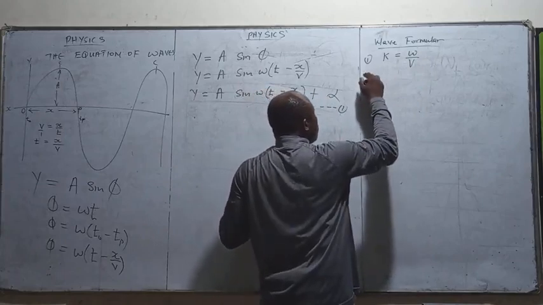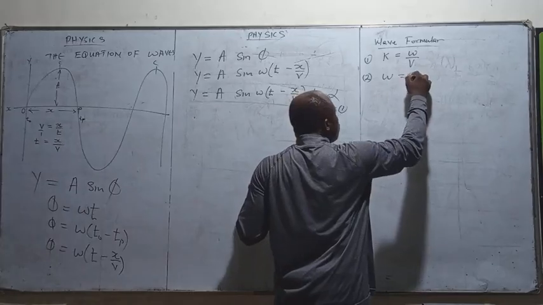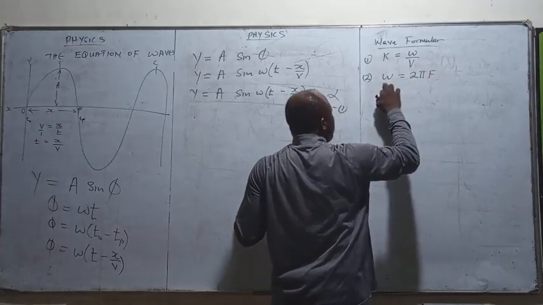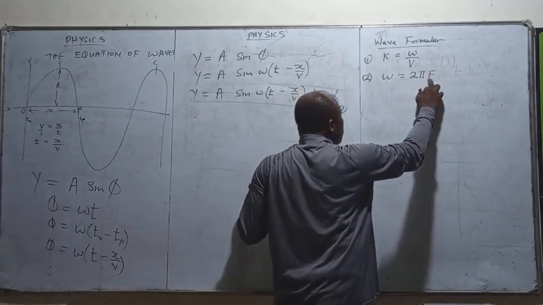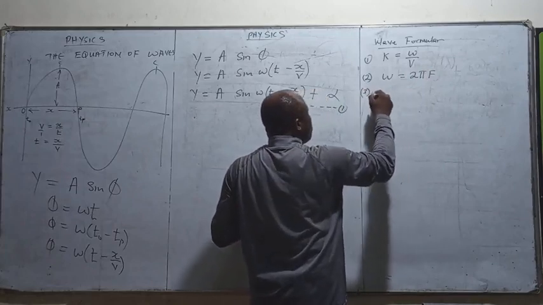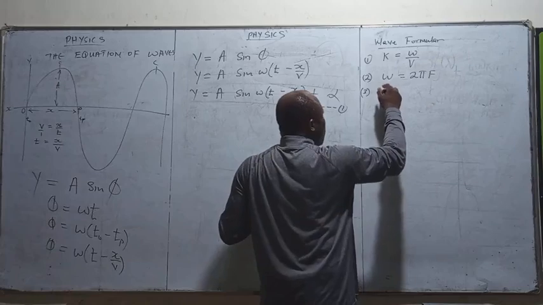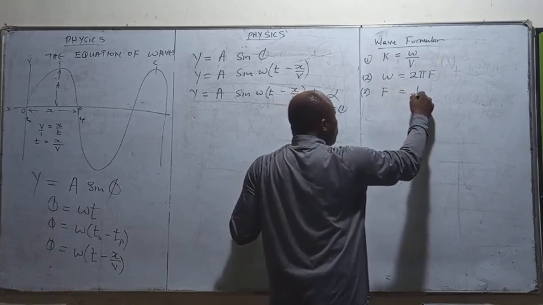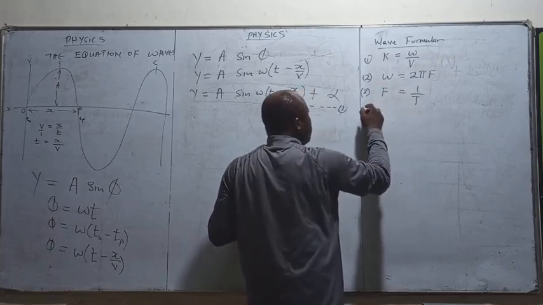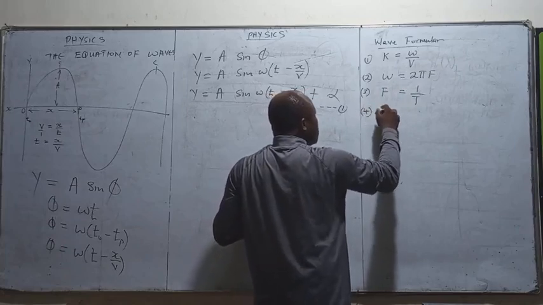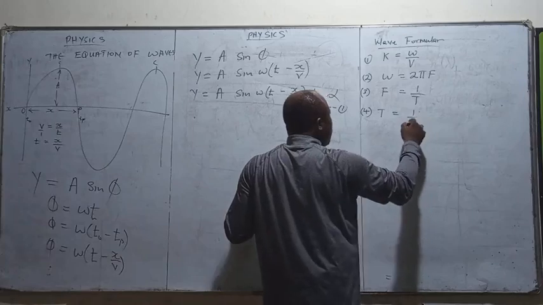That's number 2. We also have that omega equals 2 pi f, where omega is angular velocity and f is frequency. Number 3, we have f is equal to 1 over T. We saw that before in our previous session. Then T is equal to 1 over f.